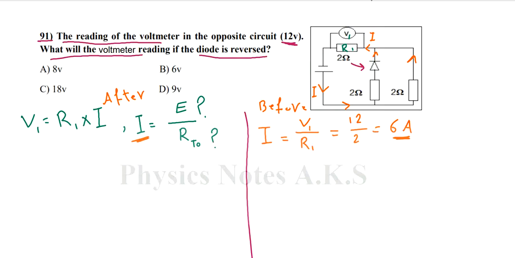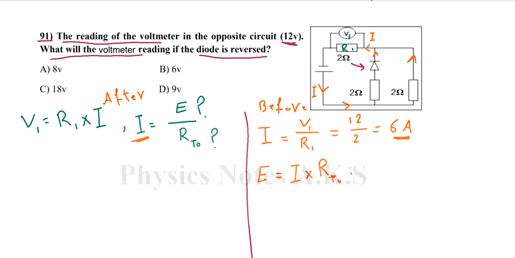Let me first complete finding the electromotive force of the battery. E is going to be the current multiplied by the total resistance, the total resistance before reversing.